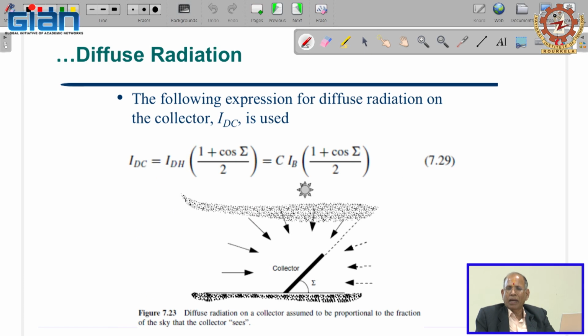Then please keep in mind that this diffuse is on the horizontal surface. From that, you have to see how much will be the diffuse on the collector surface.